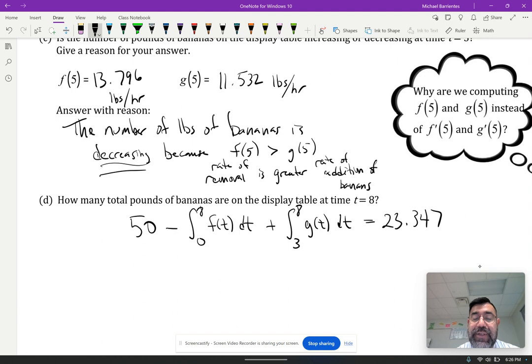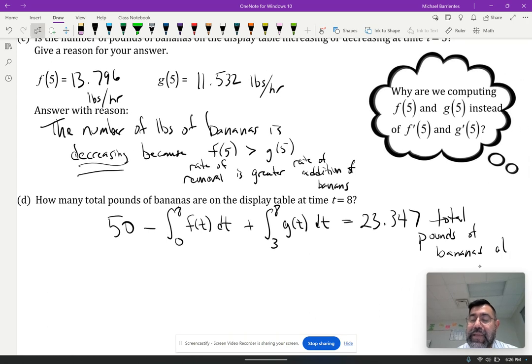Now, what is this measuring? Total pounds of bananas left on the display case, the display area where you hold the bananas, at time 8.